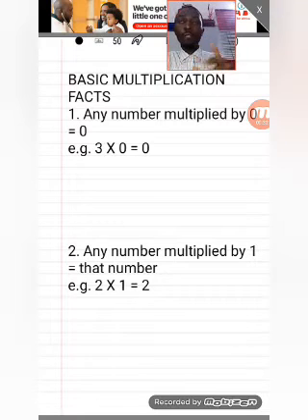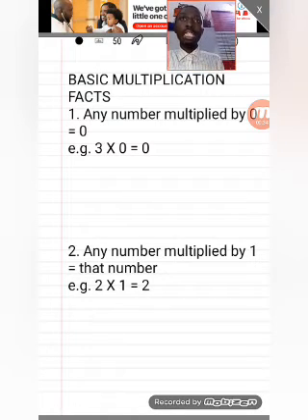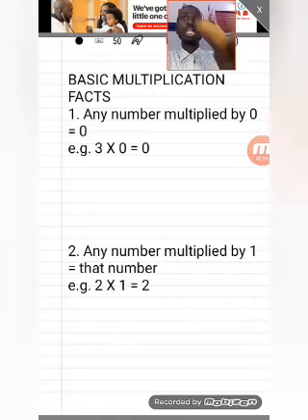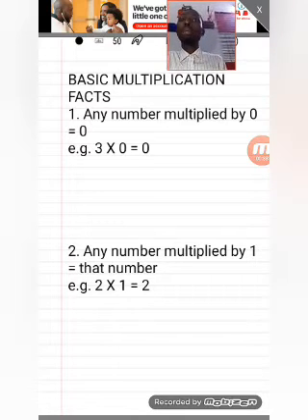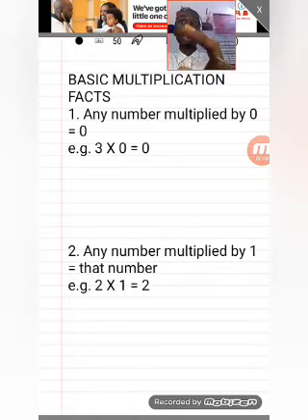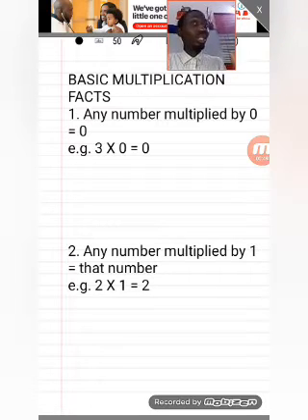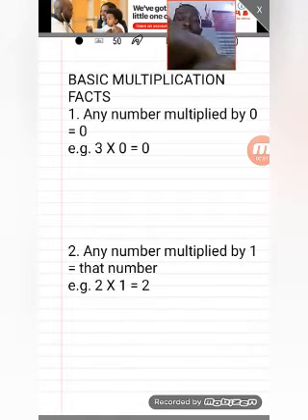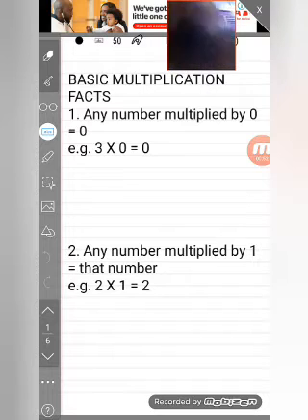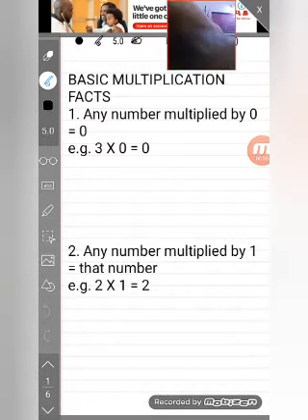Now, the first multiplication fact is that any number multiplied by 0 is equal to 0. Please note that. Any number, no matter how big or how small the number is, it is equal to 0.